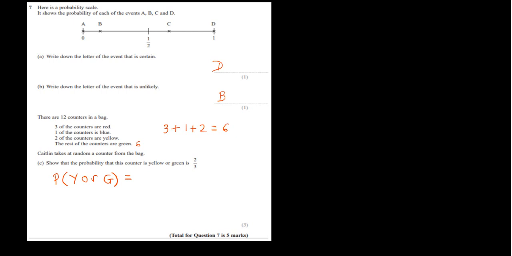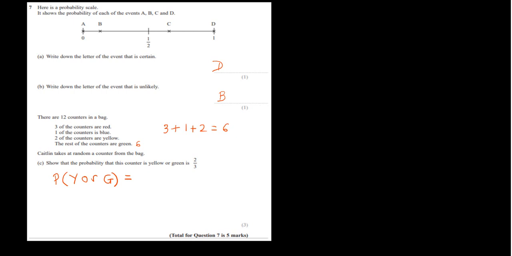They're different colors, right? It would be either yellow or green. So when you're finding the probability of yellow or green, you can add these two probabilities, because these cannot be the same color at the same time. It cannot be yellow and green at the same time. Okay, the same counter, that means. So if I picked one counter, it will not be yellow and green at the same time.